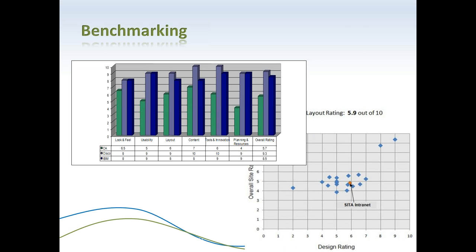And when you score it and you provide quantitative feedback, input, numbers, you can compare it to other intranets and find out exactly how far you are from them and how much you need to improve and what you need to improve.